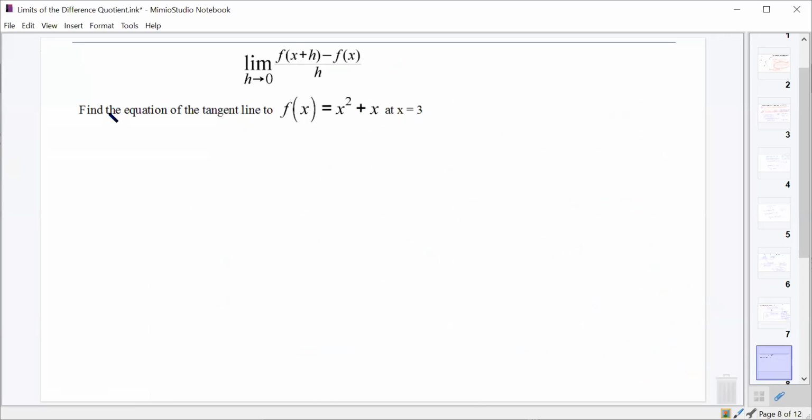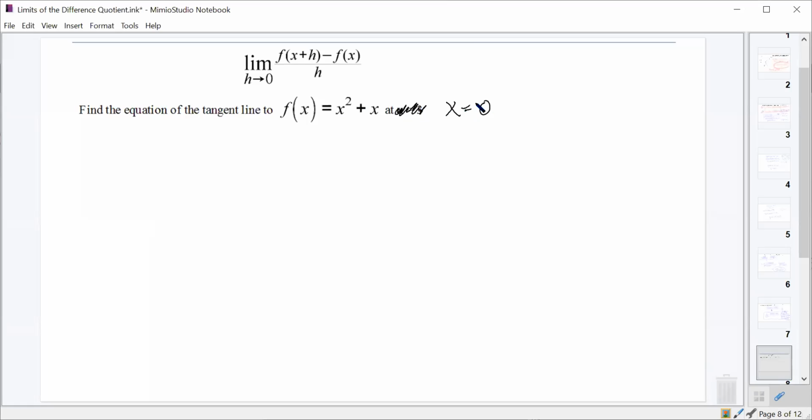All right, here's what we're going to try to do. We're going to find the equation of the line tangent to f of x equals x squared plus x. I did this last period with x equals 3, and I didn't really like it with x equals 2, so we're going to do this with a real simple one, at x equals 0.